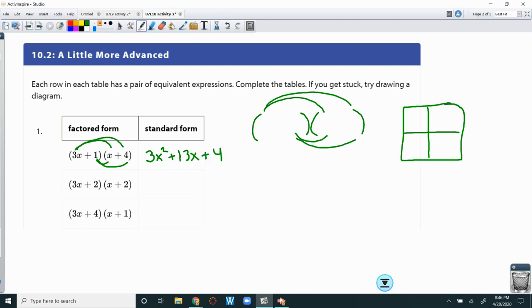All right, let's try this one. Here we have 3x squared. Let's use a different color. 3x squared. Here we have 6x. Here we have 2x. So I'm adding the 6x and the 2x together. 6x plus 2x, and there I get 8x. All right, plus 8x.